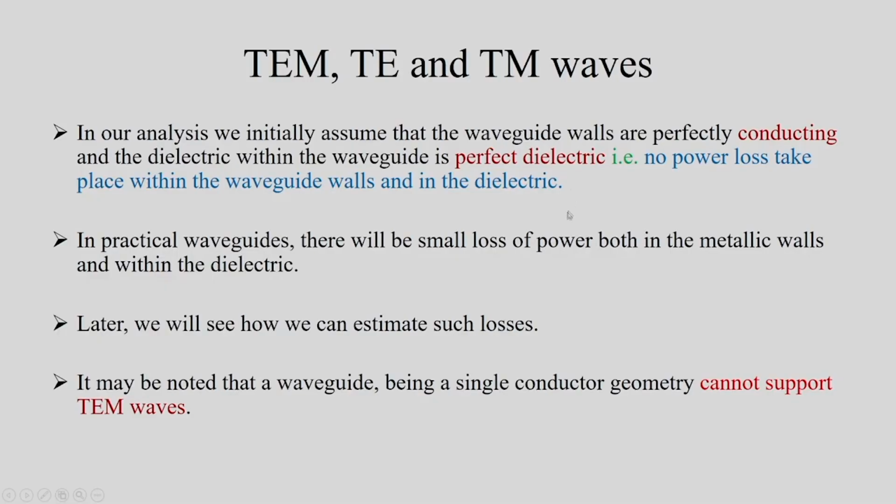Waveguides being single conductor do not have such current components, and therefore, this type of waveguiding structure cannot support TEM waves. Coaxial cable is a two conductor system, and that is why it can support TEM wave propagation. So, in a metallic waveguide, our solution for the EM waves will be either TE or TM.